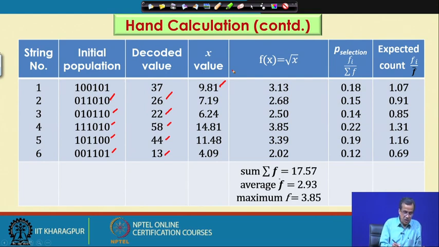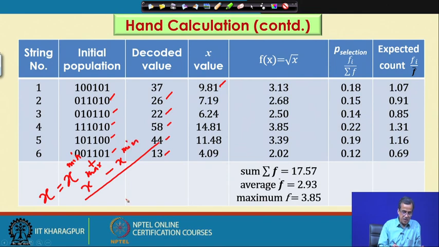To find the real value, we use the linear mapping rule. The rule is as follows: x real is equal to x minimum plus x maximum minus x minimum, divided by 2 raised to the power L minus 1, multiplied by the decoded value. Here x minimum is 1.0 and x maximum is 16.0.